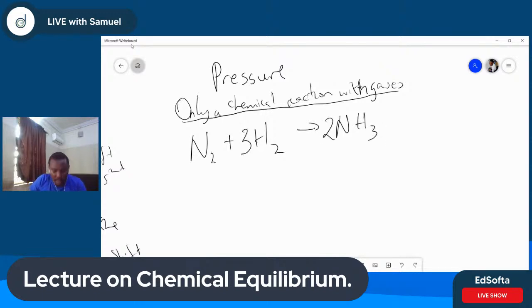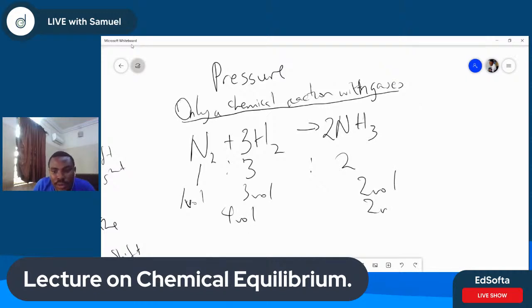Now, from Gay-Lussac's law, from our mole ratios, you know this is 1:3, ratio 2. Gay-Lussac's tells us this can be 1 volume, 3 volume, and 2 volume. So this will be 4 volume, and this will be 2 volume.